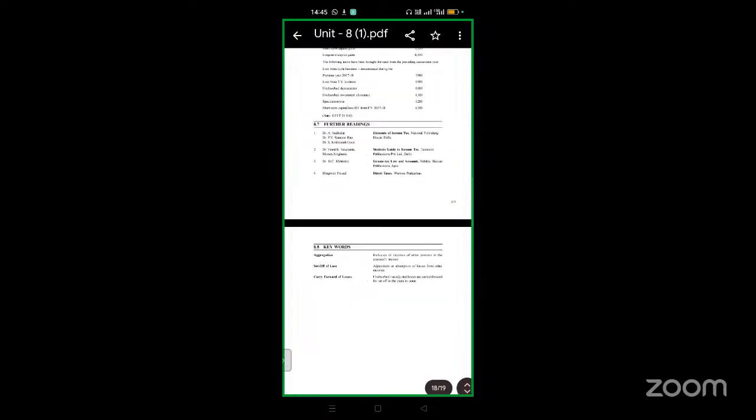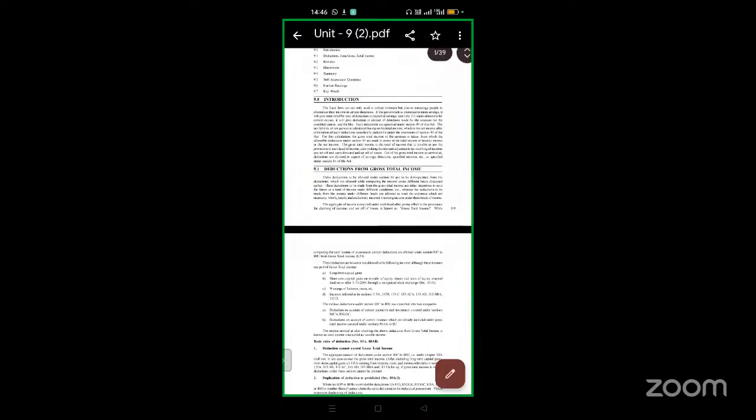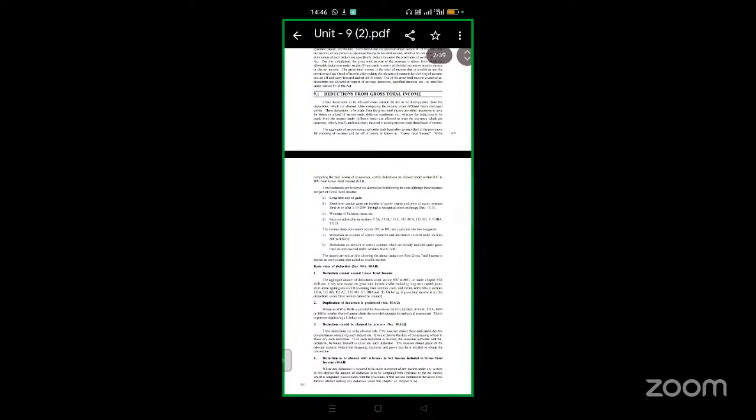Next is the law, where we talk about computation of total income. So what is the section that comes under computation of total income? There we talk about the deductions under Chapter 6A, where we talk about sections from 80A to 80G.